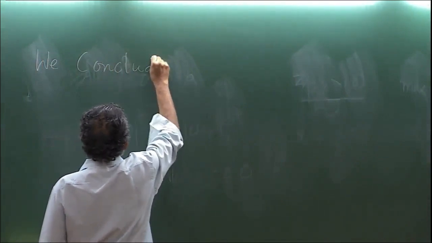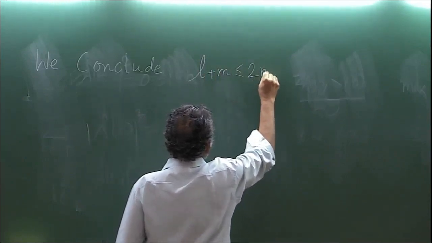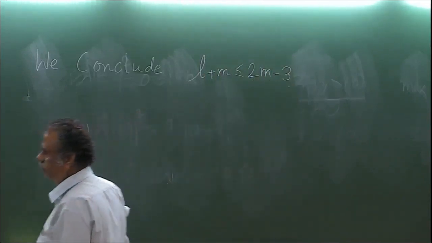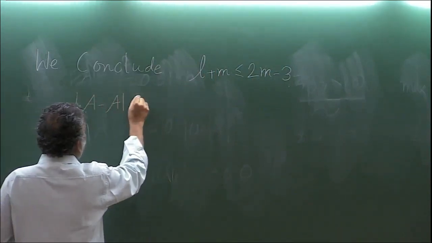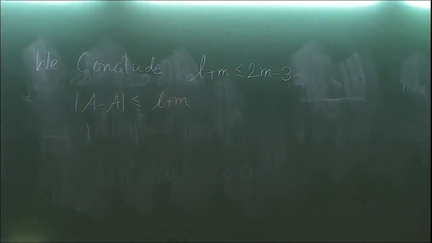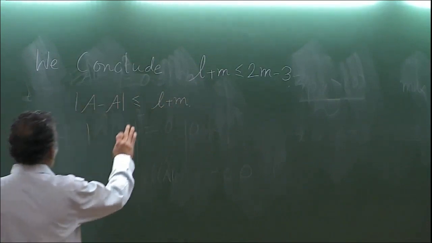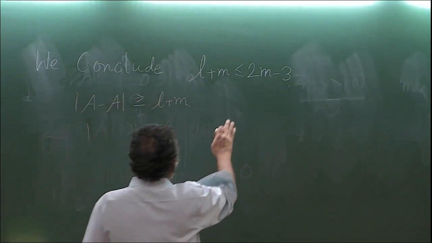L plus M is minimum and the cardinality of A minus A is less than or equal to L plus M. Greater than or equal to L plus M. Sorry? 3m minus 3, yes.